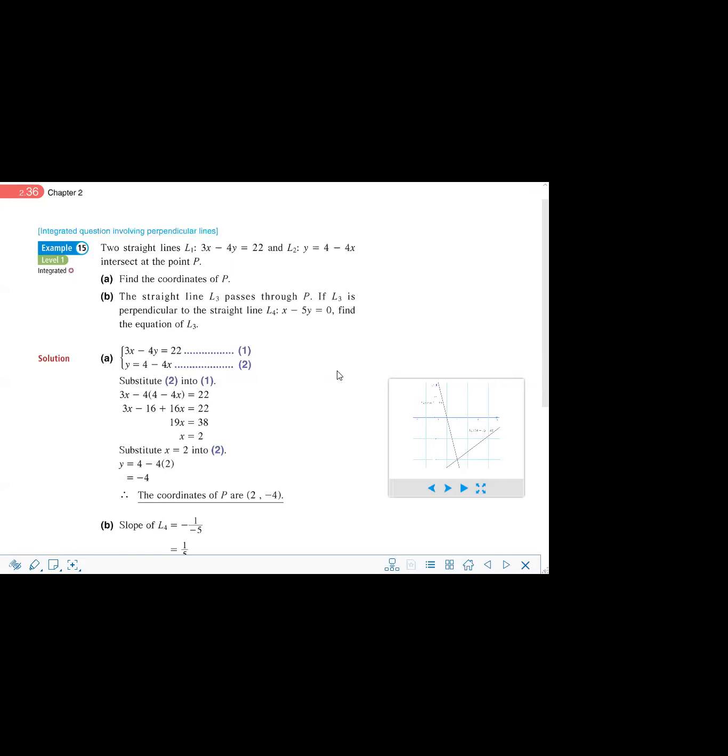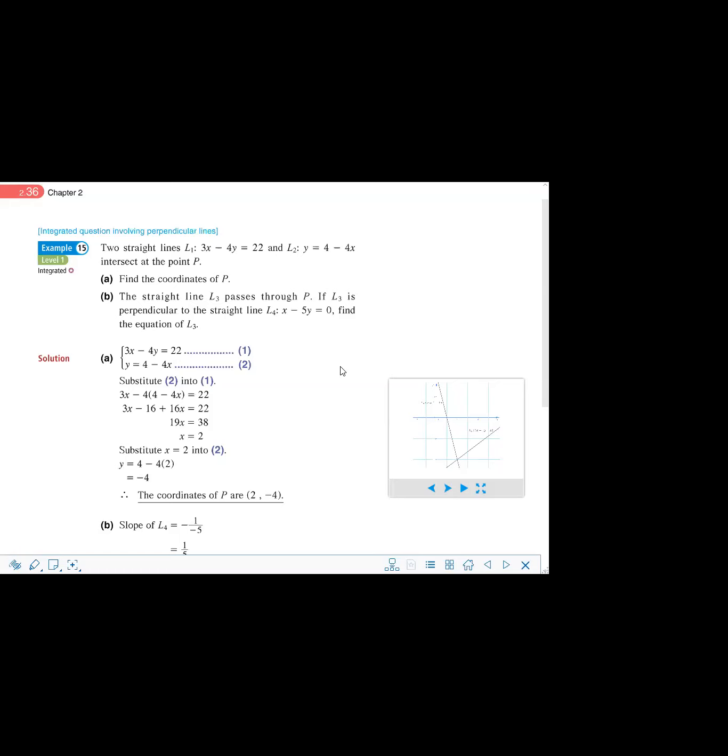Okay, so whenever you see the word intersection points, the intersection point must be the intersection point of two things: two lines, or one line and one circle, or one curve and one circle. Okay, so two things, and the two things will have their own equations.